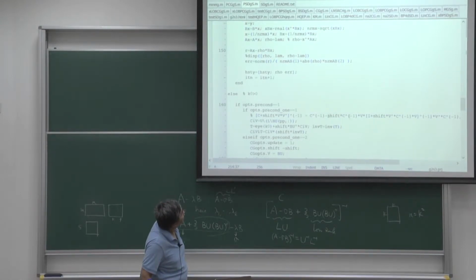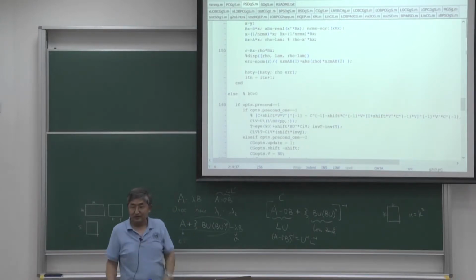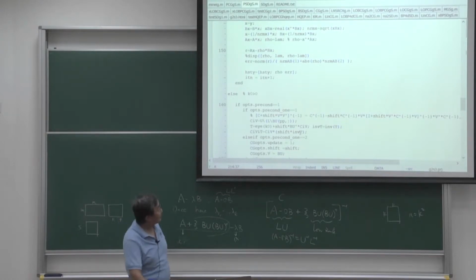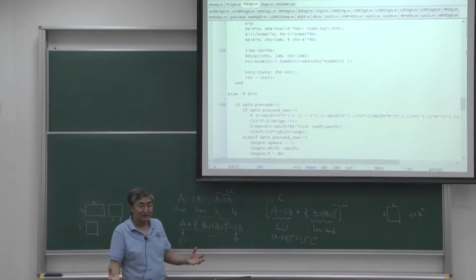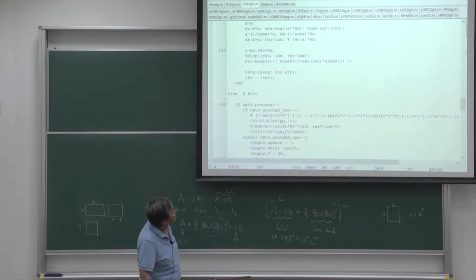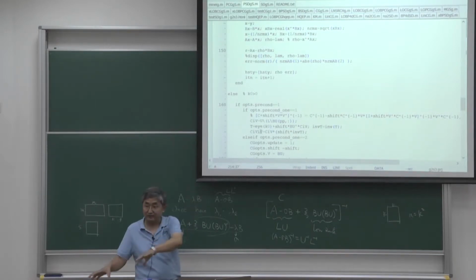Then T is the identity plus the shift, then inverted. The shift is multiplied into the inverted T, because T is small and this saves a little; if the shift multiplied the whole matrix, it would be a larger multiplication. So the shift multiplies this at most 3 by 3 matrix in the example I ran. Then CIV times that: this CIVIT is a tall skinny matrix that is saved there for later.